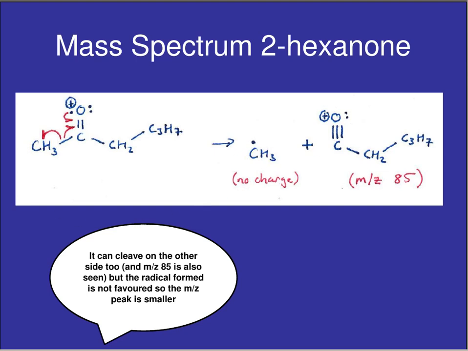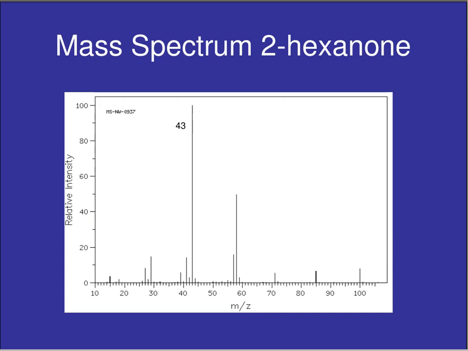So compare these back to the spectrum, and can we see m/z 85? Yes, we can see it, but we really want to explain m/z 43, and both of those can be explained through alpha cleavage, either on the right alpha bond or on the left alpha bond.